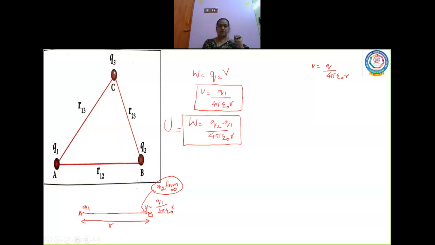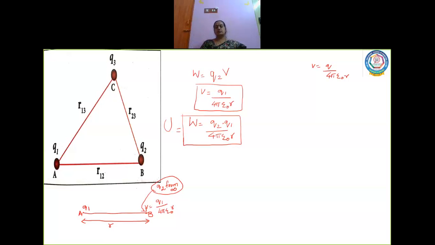So forget about all these things. Bring a charge Q1 from infinity to A. When you bring a charge Q1 from infinity to A, no work is done because we don't have any other charge. I can easily bring the charge Q1 to A without any opposing forces.